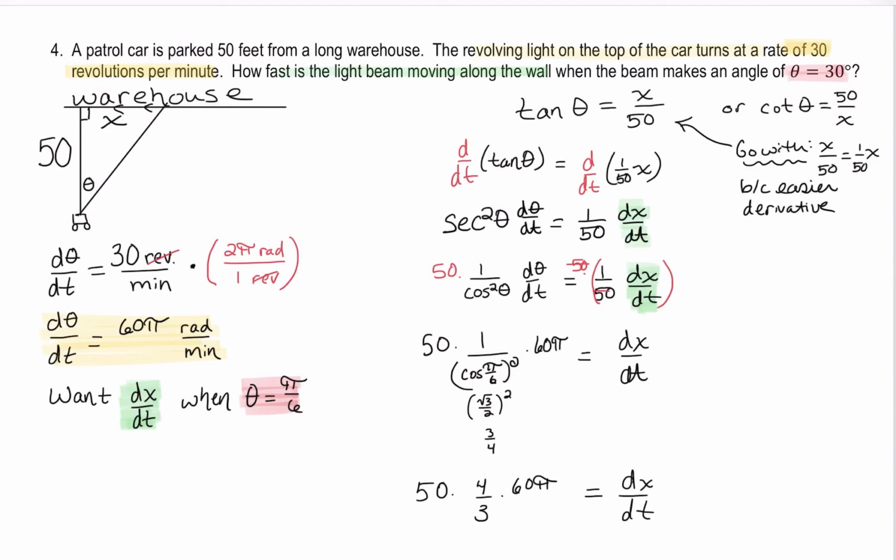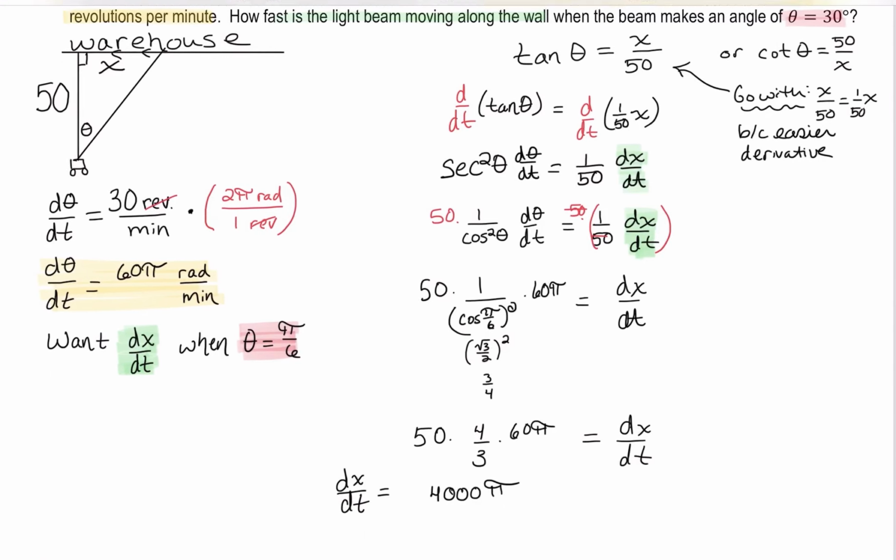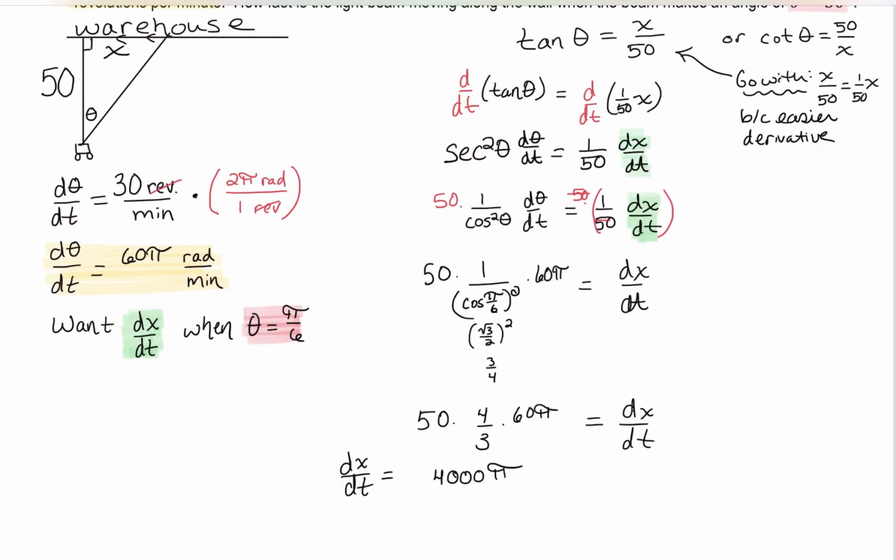Doing some reducing there, 60 divided by 3 would be our 20. Our 20 times the 50, so 1,000 times 4. So this should be 4,000 pi. And so this is our final result here for dx dt. If they asked you to go to decimals, this would be 12,566.37.